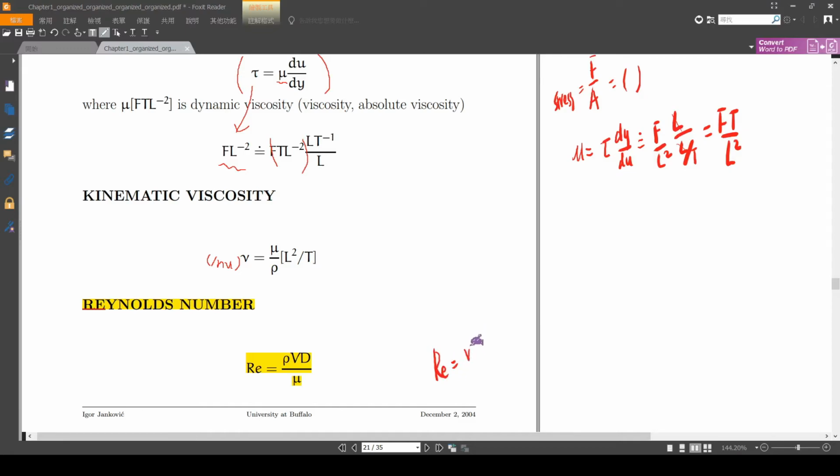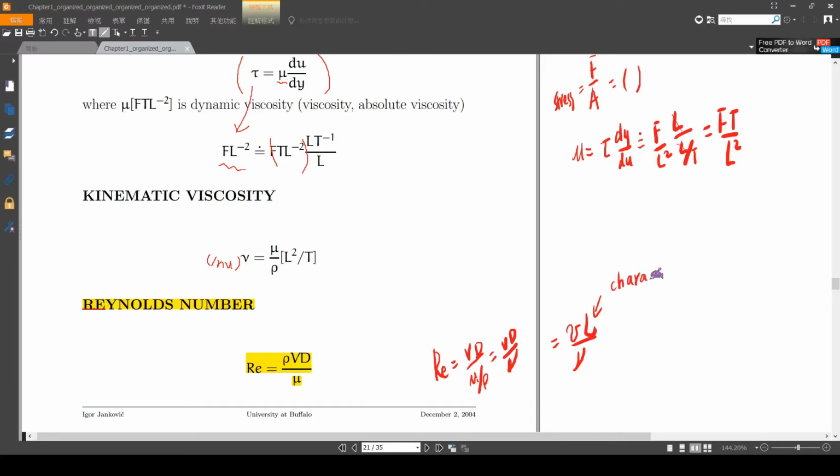Sometimes we will write it like this, and then the absolute viscosity becomes the kinematic viscosity. So next time when you see the Reynolds number, it will look like this: nu, the velocity and the characteristic length. Or sometimes we will just write nu, V, and L, because this is the characteristic.